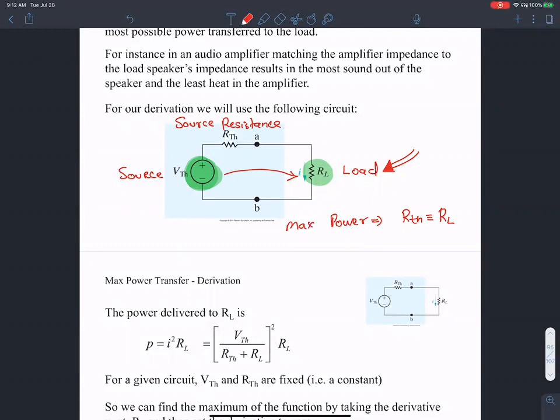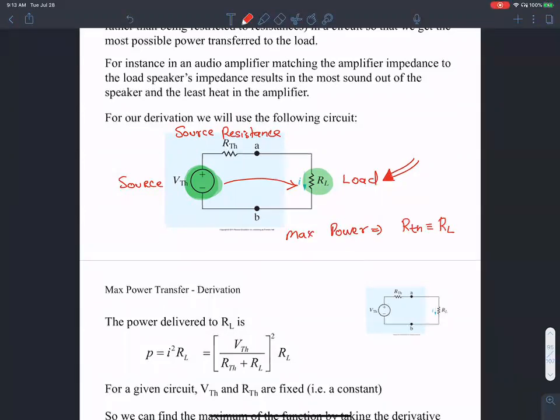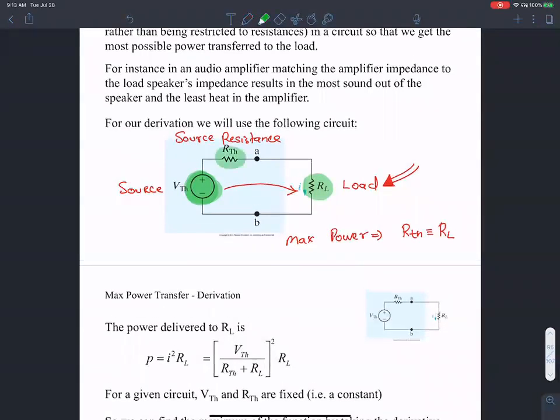Most often, it will be your goal to maximize the power delivered to the load resistance. Think of the total power generated in the voltage source: some of that is dropped in the source and some of that comes out to the load.